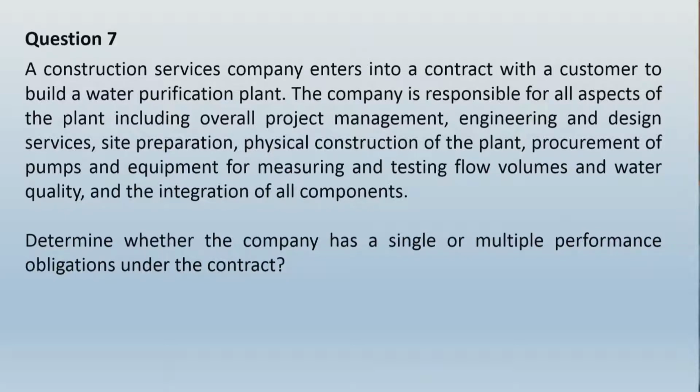The company is responsible for all aspects of the plant, including overall project management, engineering and design services, site preparation, physical construction of the plant, procurement of pumps and equipment for measuring and testing flow volumes and water quality, and the integration of all components. Determine whether the company has a single or multiple performance obligations under the contract.